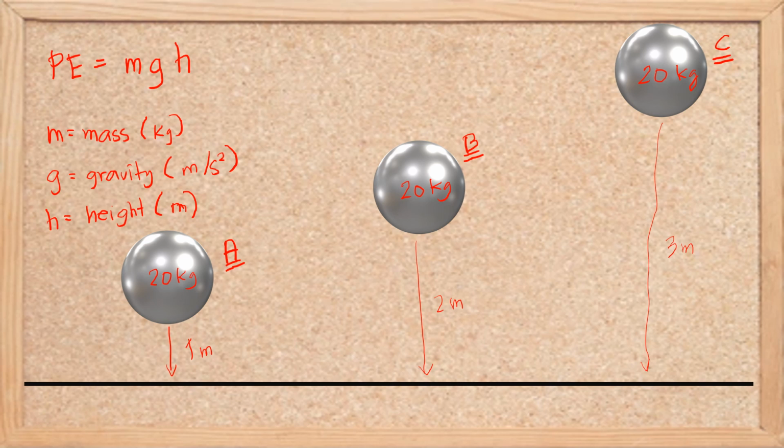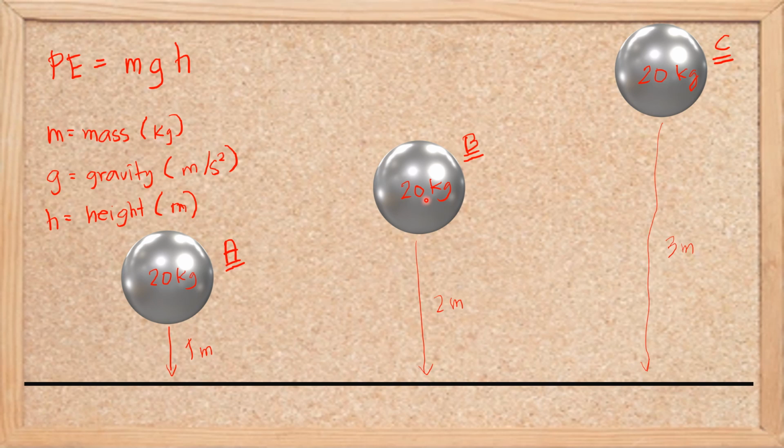Okay, very good. So if your answer is letter C, then you got it right. Because number one, if you look at the mass, all of them are the same, right? For gravity, all of them have the same gravity. So you made this experiment on Earth, so they have the same amount of gravity pull, right?